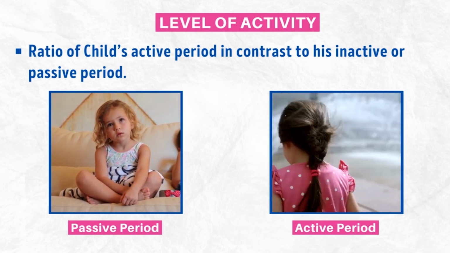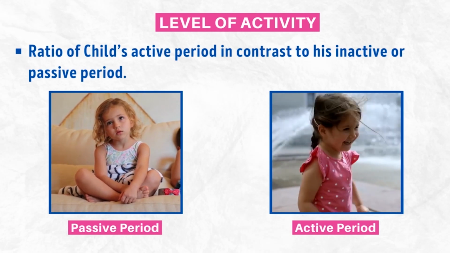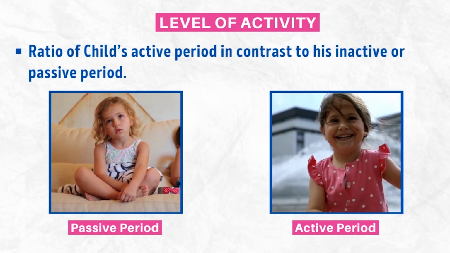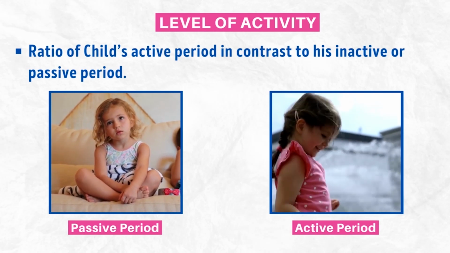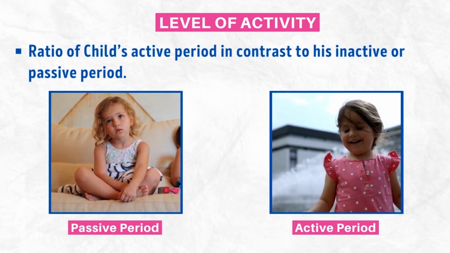This point, the ratio of the child's active periods to his inactive or passive periods, is taken as the level of activity, and if the child is more hyperactive, we take the rubric hyperactive physical.